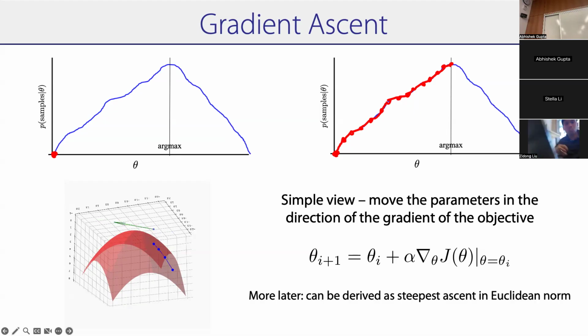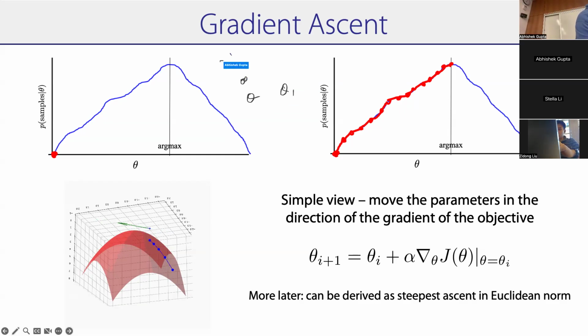We can actually show that gradient descent is doing steepest ascent when you impose a Euclidean norm. And what that means is that if you say that the parameters have to stay within a Euclidean ball of the current parameters, the direction that will improve the objective the most is going to be the direction of the gradient, but only under the Euclidean norm. Let's say you're at some theta and you want to go to some theta prime, okay?